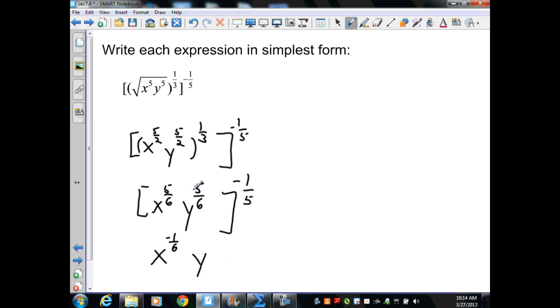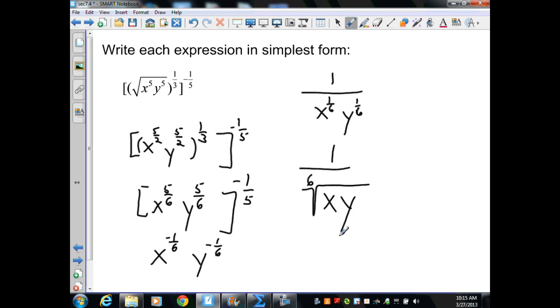Y, 5/6 times a negative 1/5 is a negative 1/6. Since these are both negative, they need to go in the denominator, which is 1 over x to the 1/6, y to the 1/6, which can be written as 1 over the 6th root of xy.